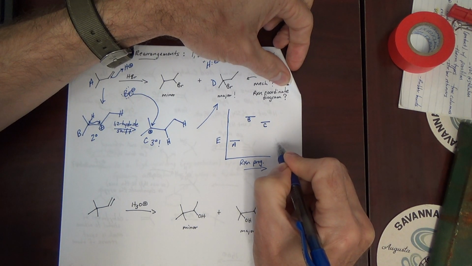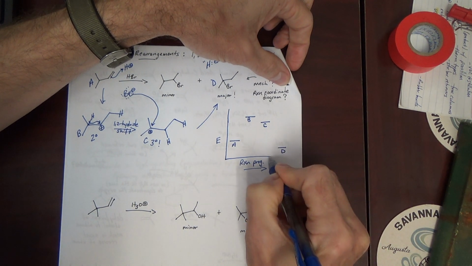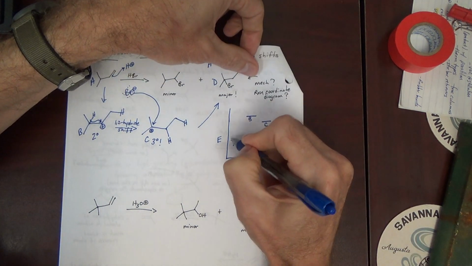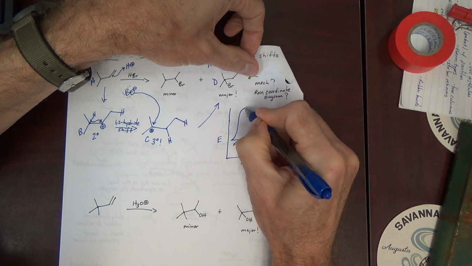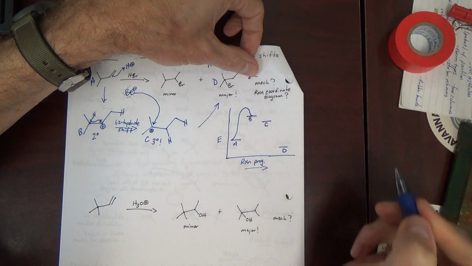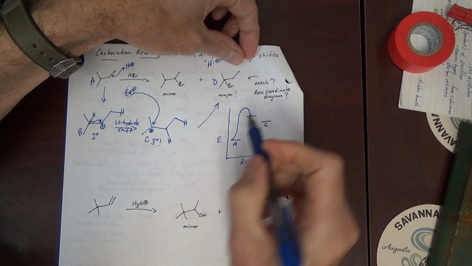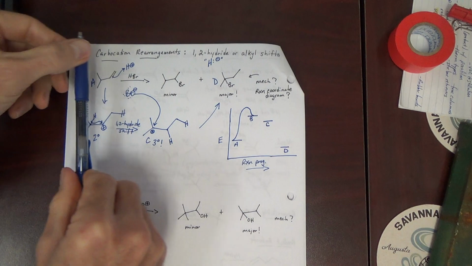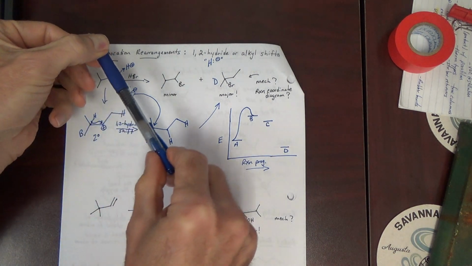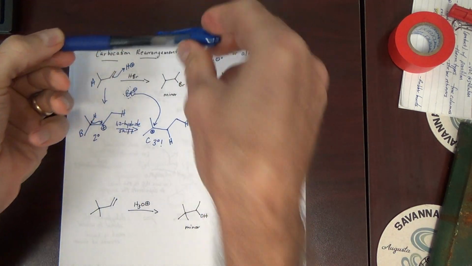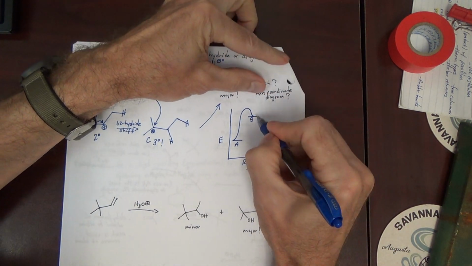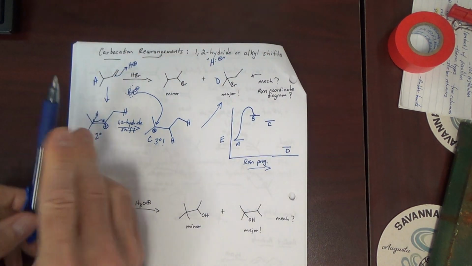We covered that last time of why. And our reaction goes like this. Okay, a transition state leading to B. As this attacks the H plus, there's a transition state, bam, leading to B. Then there's a transition state of these electrons moving over.